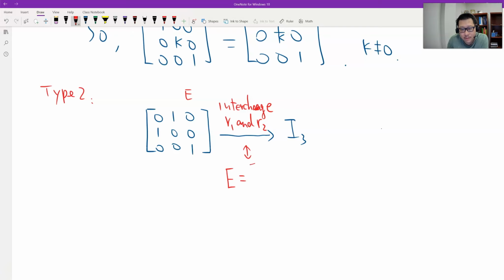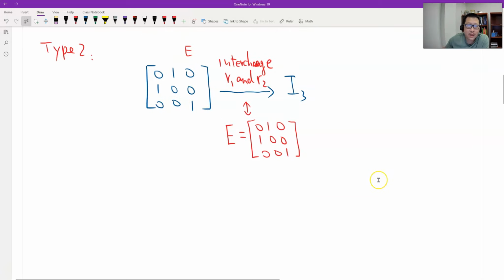The corresponding elementary matrix is this. Then this row operation we can change into matrix multiplication by Theorem 1.5.1. Let me erase this, otherwise we get confused. This elementary matrix corresponds to the row operation.